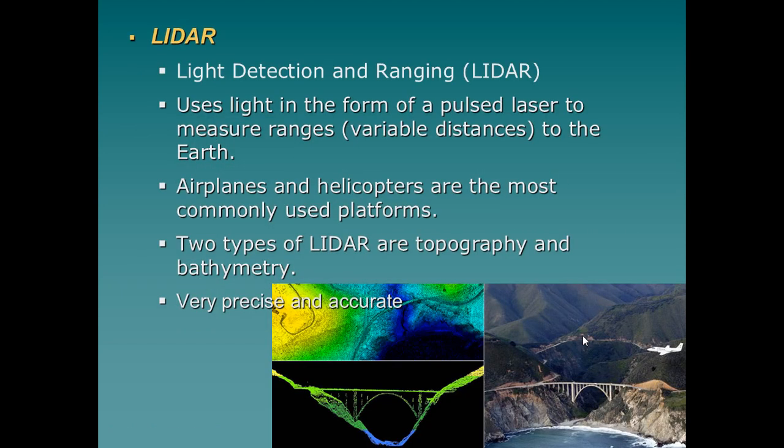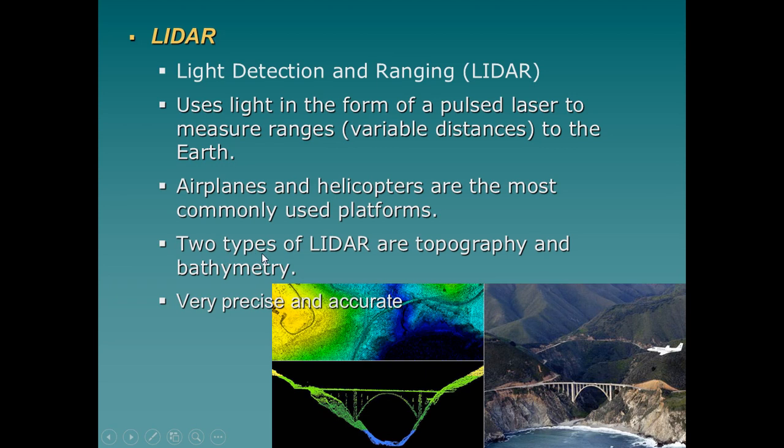We also have another source of information, which is LiDAR, light detection and ranging. LiDAR uses light in the form of pulsed laser to measure ranges. In other words, your device, usually on a plane or helicopter flying overhead, sends out these pulses to bounce off the Earth's surface, and it measures the time for those pulses to return to the sensors, and that information is used to derive and develop a digital surface.